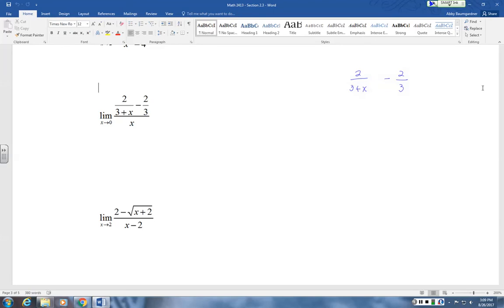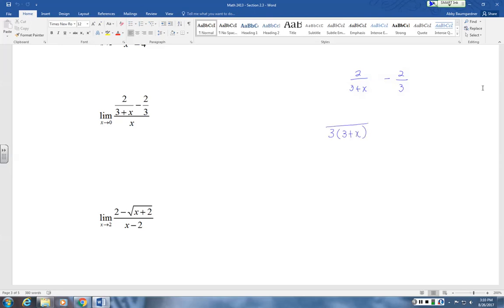Now some students will think, wait a minute, if this is 3 plus x, it's already got a 3 in there, so we don't need to have that 3. Oh, no, no, no. If things are being added or subtracted, then they are different entities altogether. So our common denominator has to have both a 3 and a 3 plus x in it.